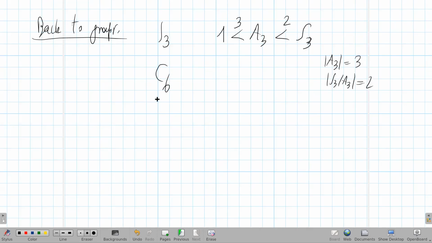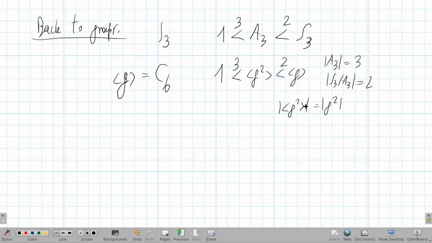If you consider a cyclic group of order 6, generated, for a change, by g, then you have 1, and then the group generated by g squared, and then the whole group generated by g. And once more, this is order 3, and this is order 2. So the order of the subgroup generated by g squared is 3, and the order of G over g squared is 2.